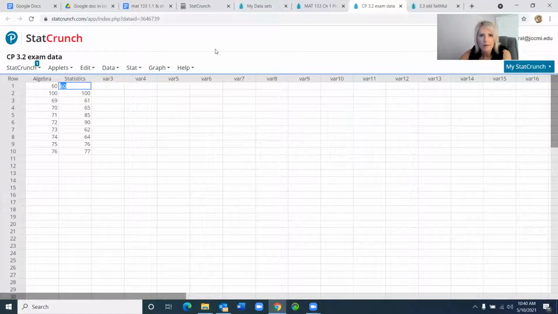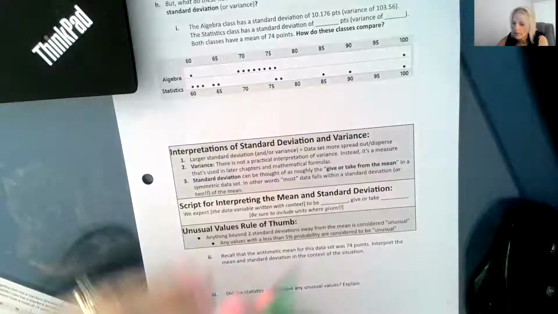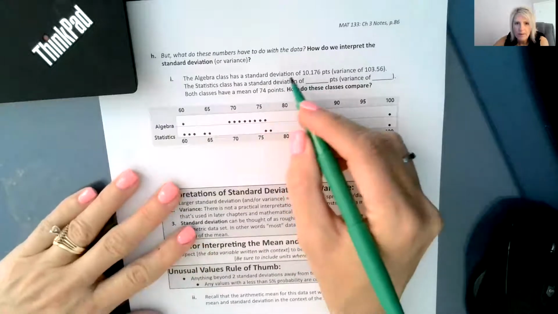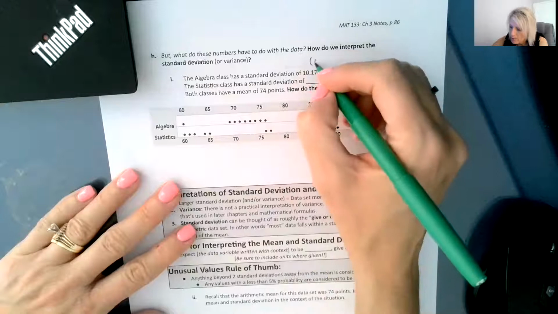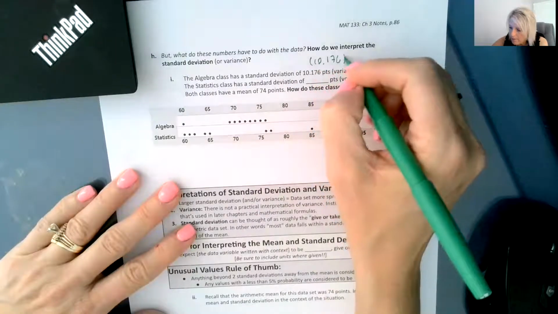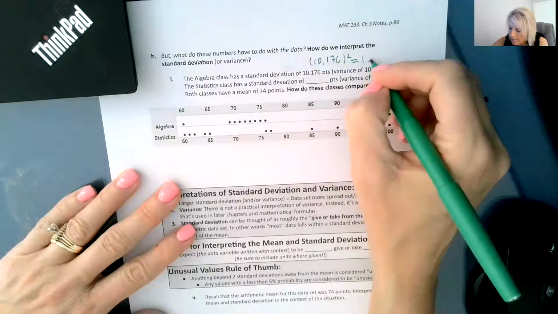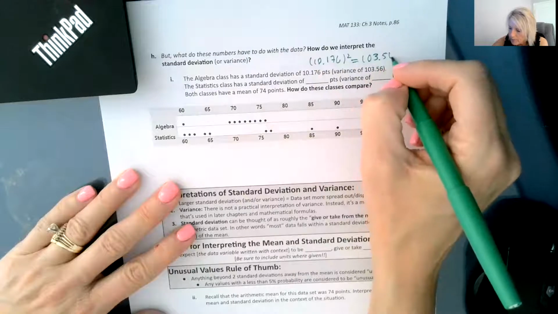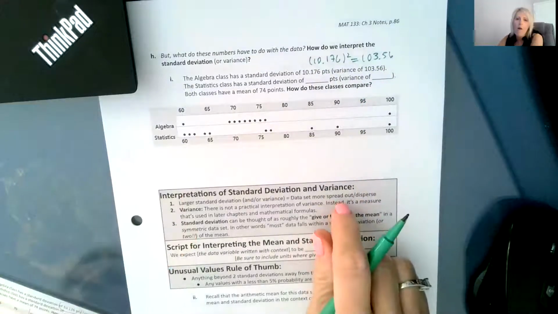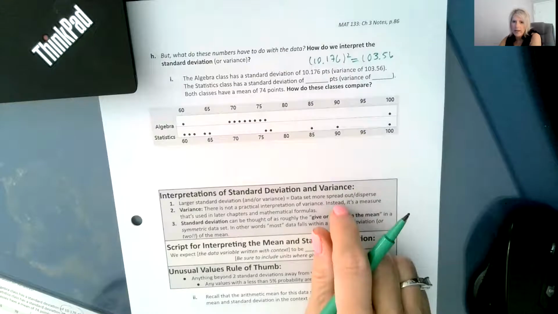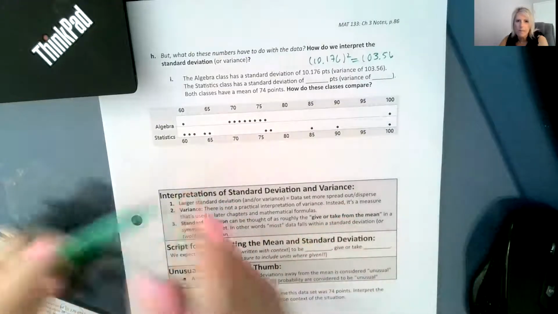I'm going to show you this because this always seems to be a little bit of a confusing point for students. So the standard deviation from the algebra class, if we were to square that value, we get 103.56. Okay. We will never calculate this by hand. It will always be using StatCrunch.